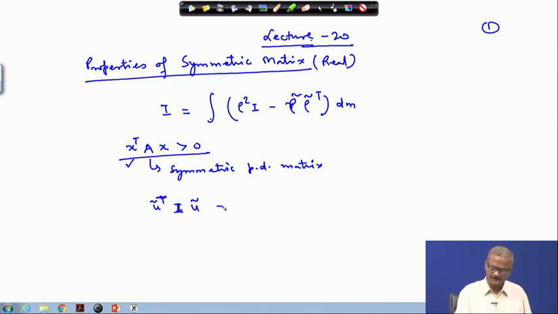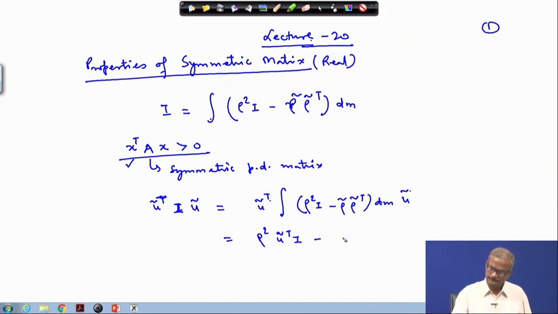If we operate on this particular one and take it inside, this will be rho square u tilde transpose rho times rho transpose u tilde. u is an arbitrary vector which is not depending on m.